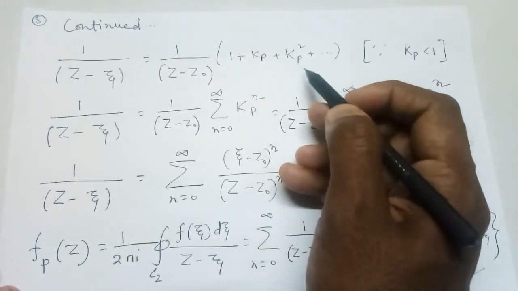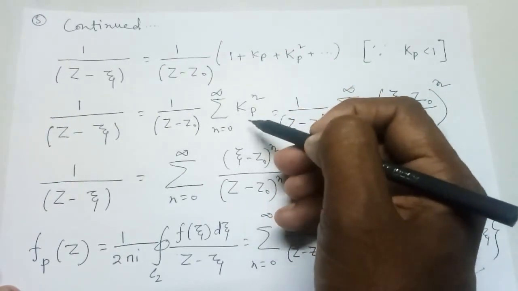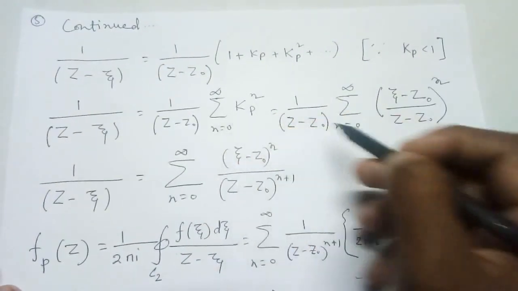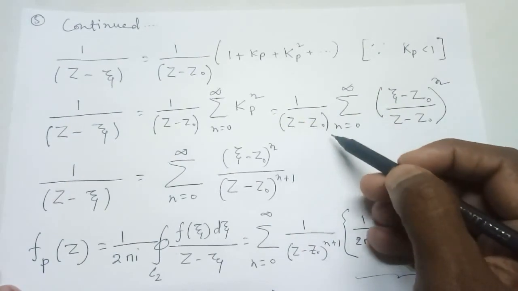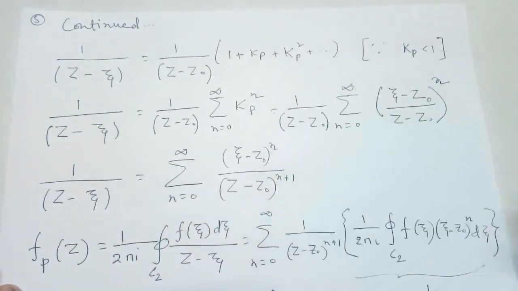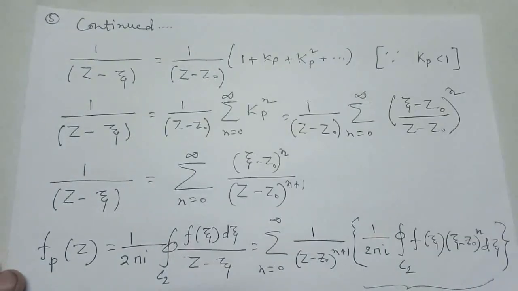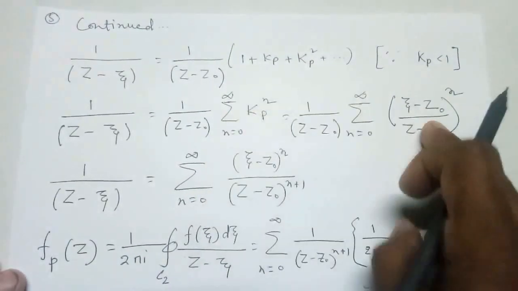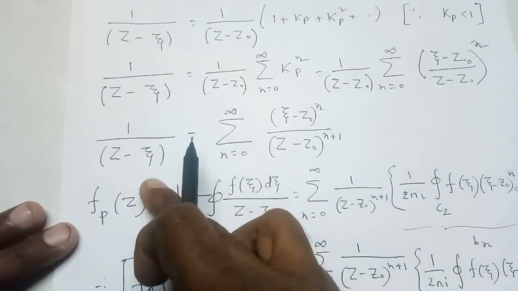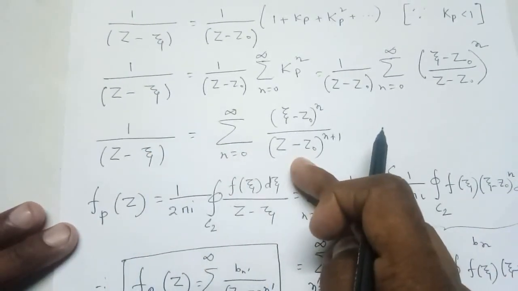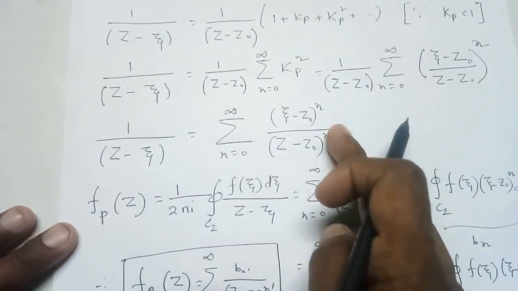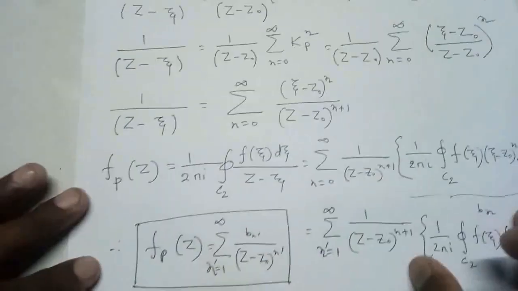So we represent this as a series expansion, and this term stands 1 by z minus z0, and we substitute the value of kp, which is this. So we substitute here, and we get 1 by z minus xi as (xi minus z0) to the power n in this form.